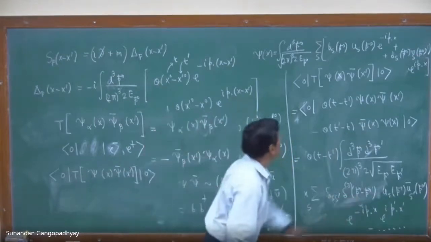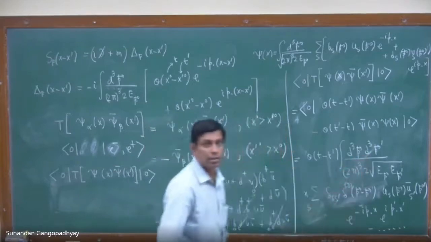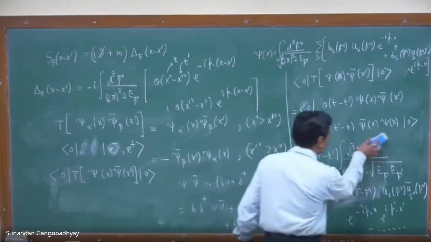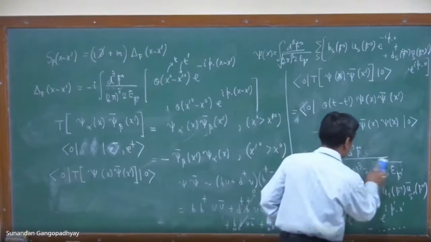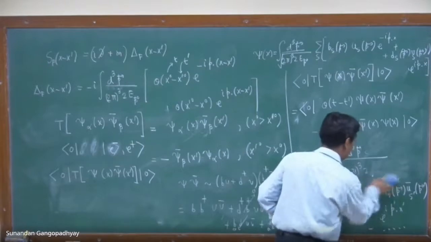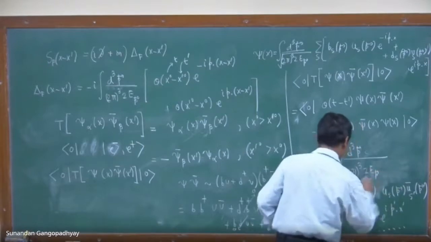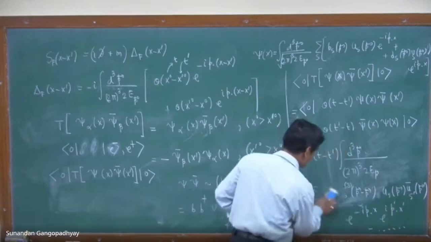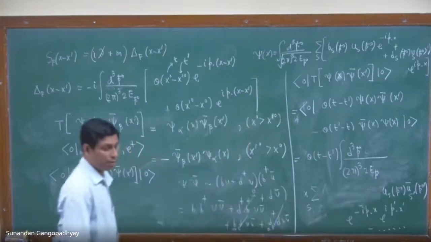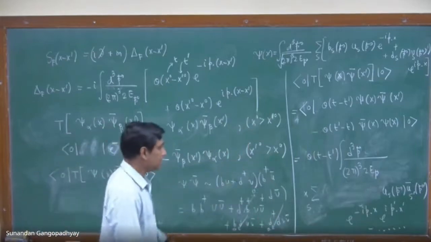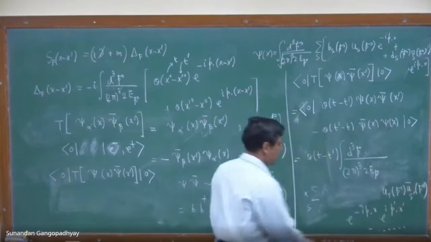And the Dirac delta keeps one of the momentum integrals, that is one, and this becomes 2 E_p. There is only one momentum integral now. So now this p prime will become p.